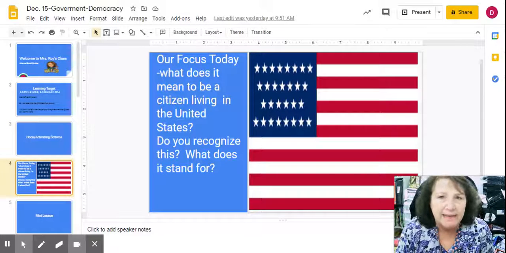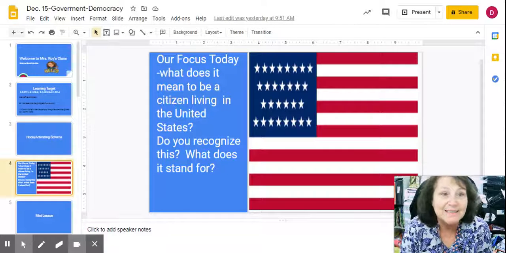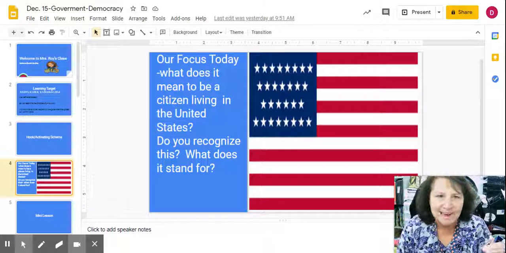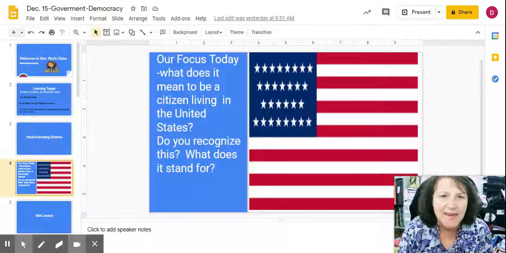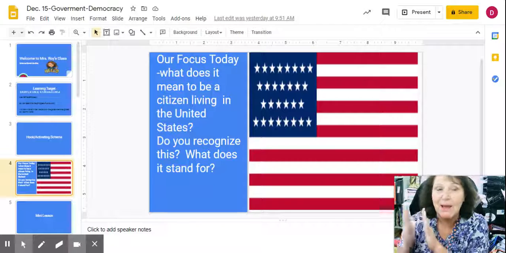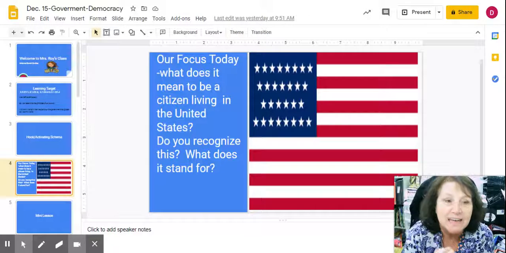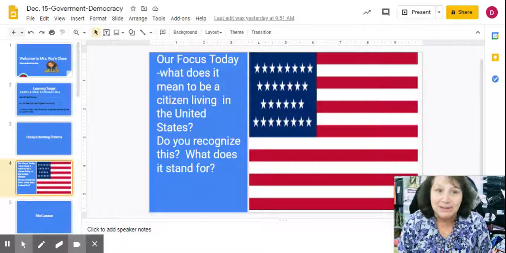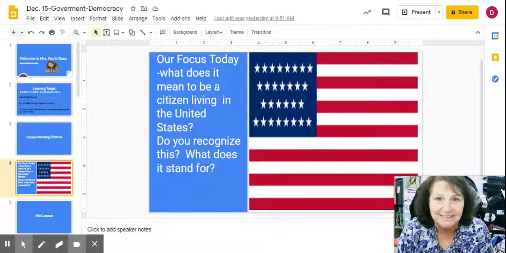Our focus today: what does it mean to be a citizen living in the United States? Do you recognize this picture of a rectangle that has red and white stripes and 50 white stars up in the corner representing each of the 50 states that make up the country of the United States?